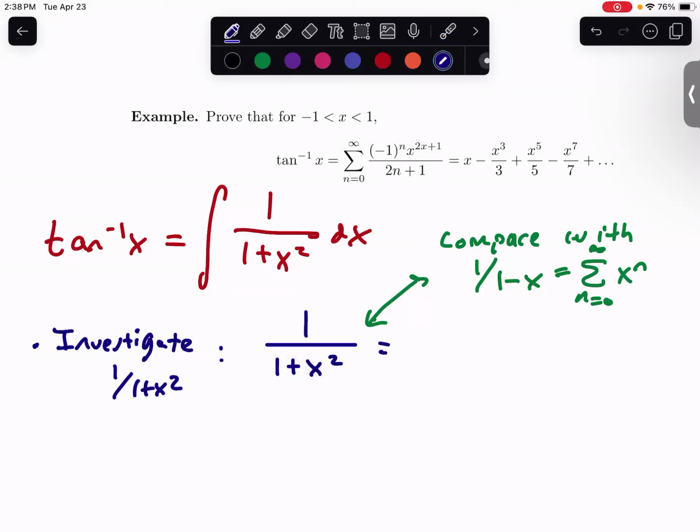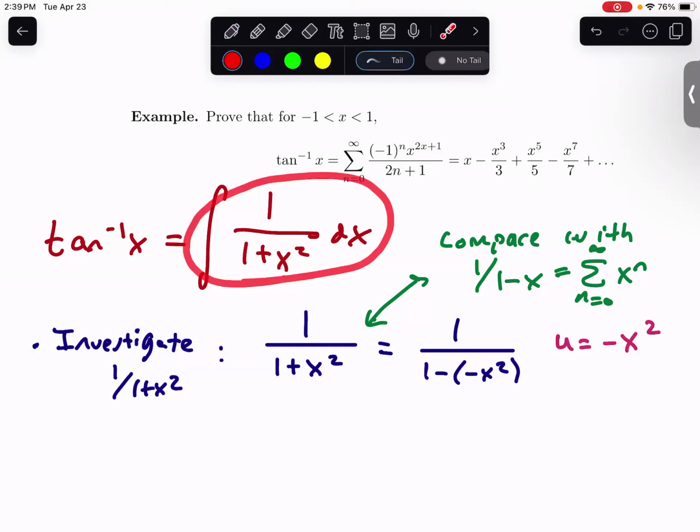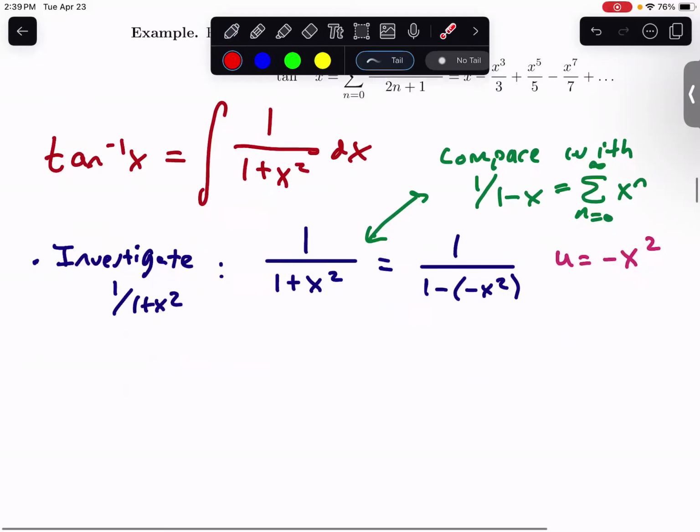So we want to rewrite this as 1 over 1 minus negative x squared. And this is where the alternating signs, minus plus minus plus, are going to show up. Now we're going to let u be equal to minus x squared. That's why I did it outside of the integral, because if I did it inside of the integral, it looks like I'm doing u substitution, which would make things confusing.